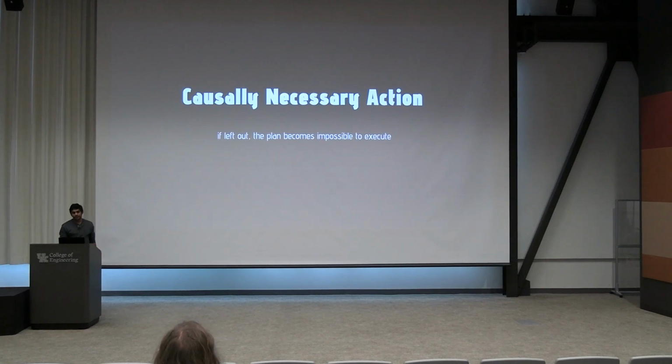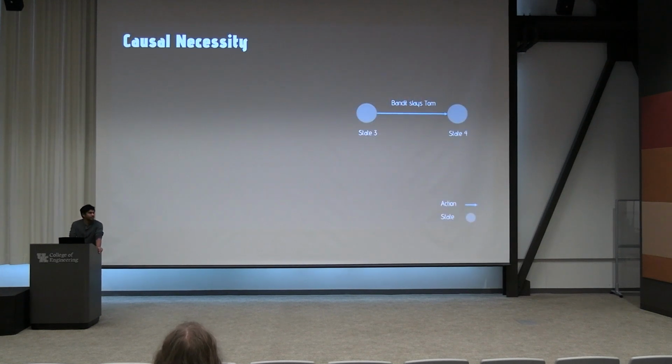That brings us to the topic of causally necessary actions. So what are these causally necessary actions? Let me give you an example where Tom and Bandit are at their initial places.